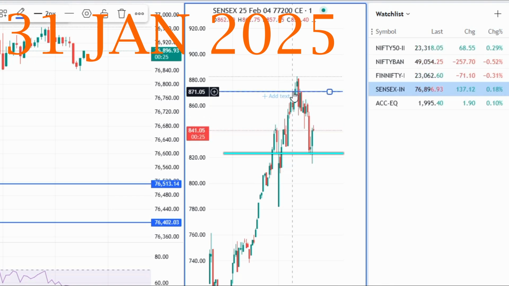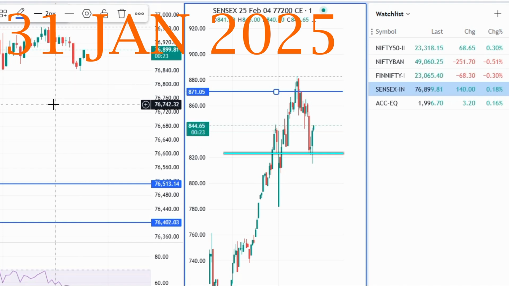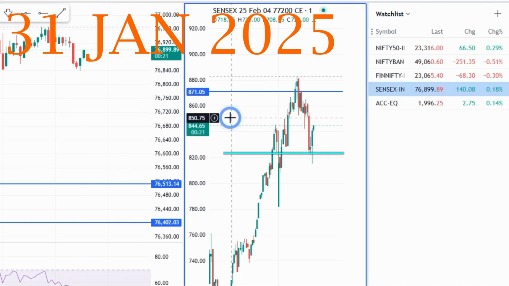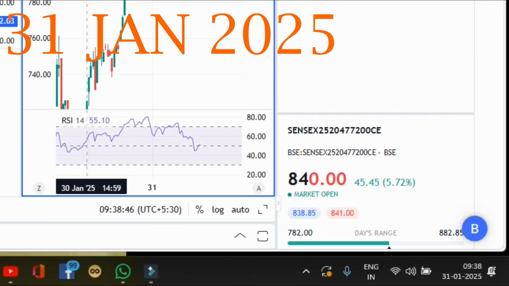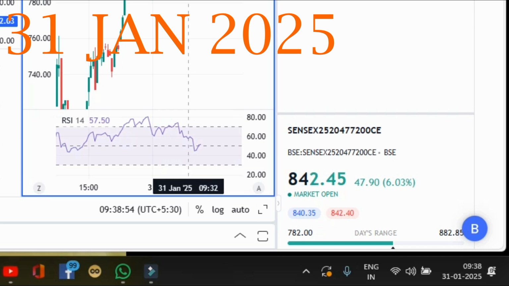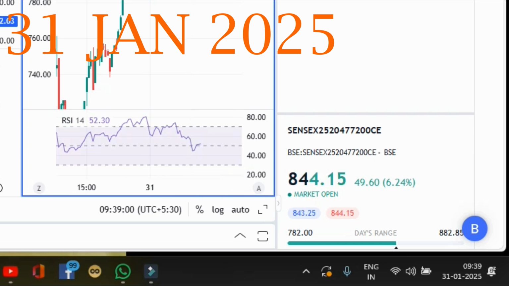Now it is trading at 840 around. You can see that. I'll bring you back towards the price of the option. See, time is 9:38, and it's trading at 840. So our target will be around 880, right?